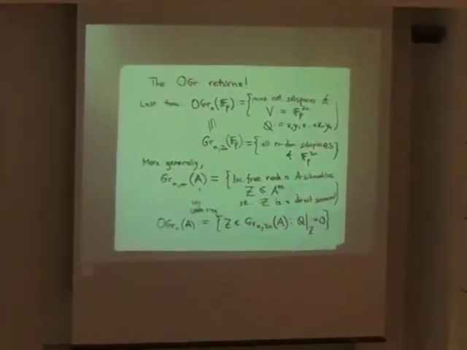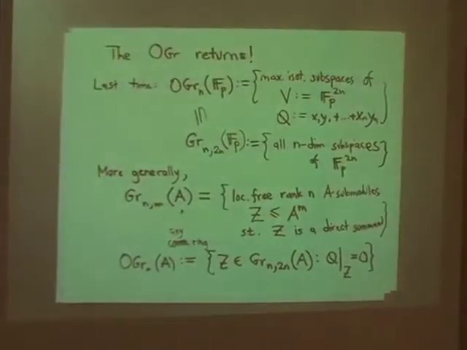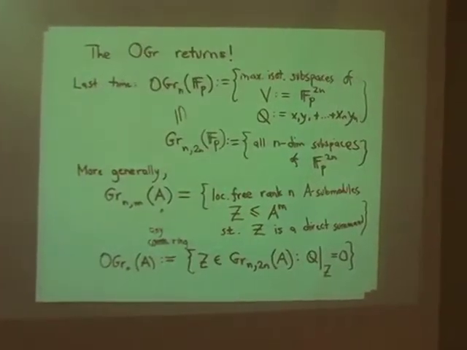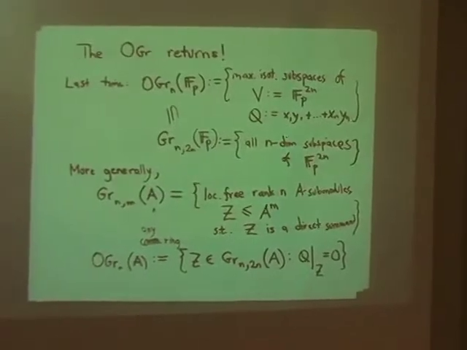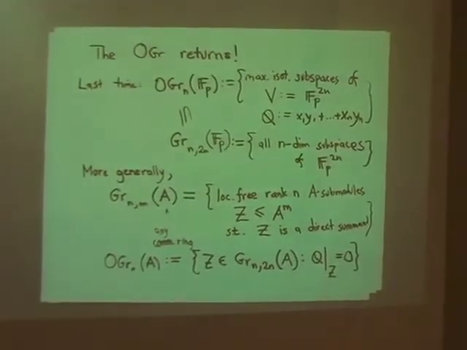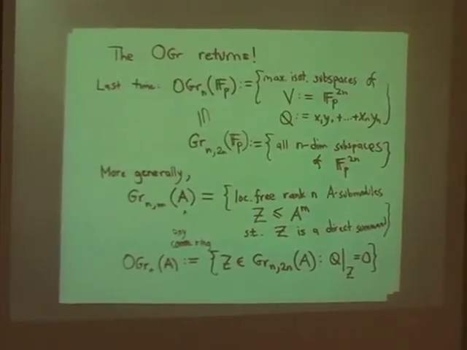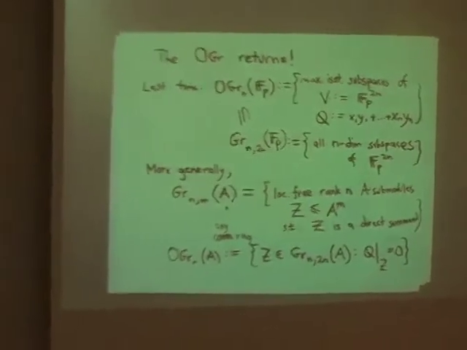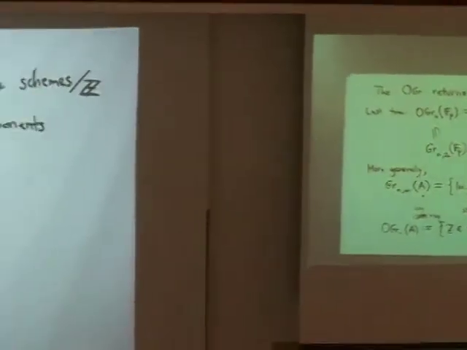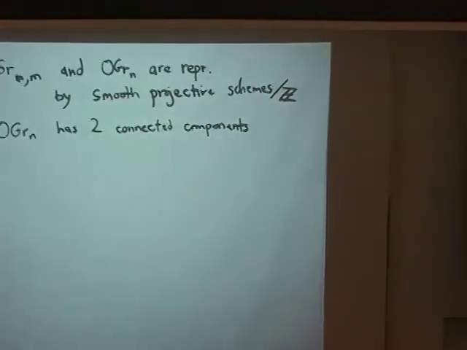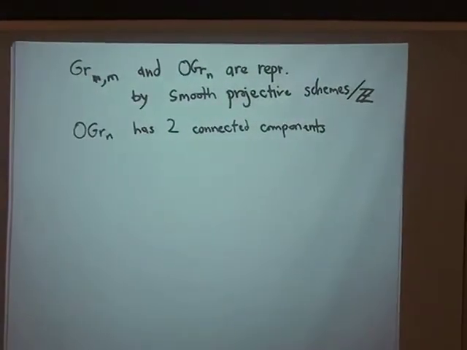How can you tell which ones belong to which component? That's a tricky question to answer, because neither component is somehow distinguished by itself. There's not a canonical choice of one of those, so it's hard to point to one of them.